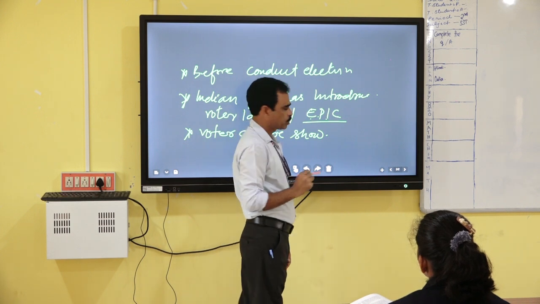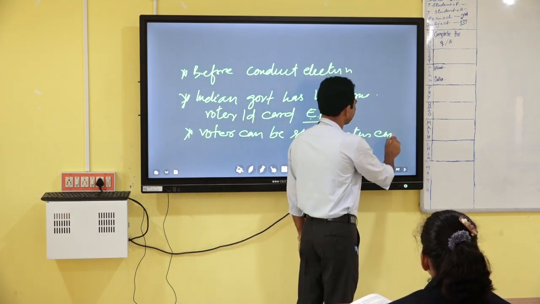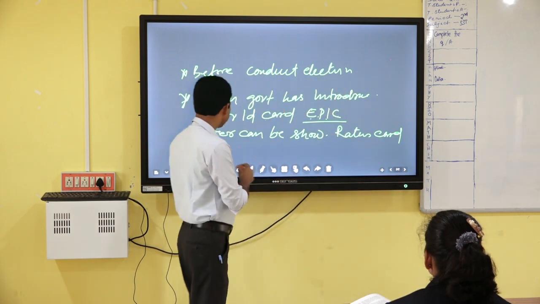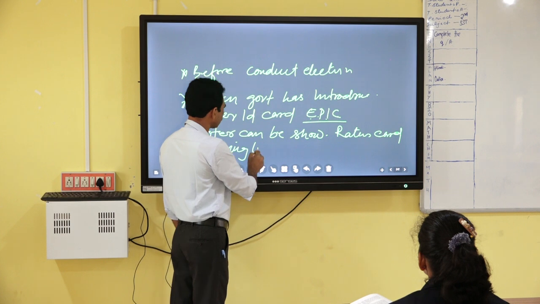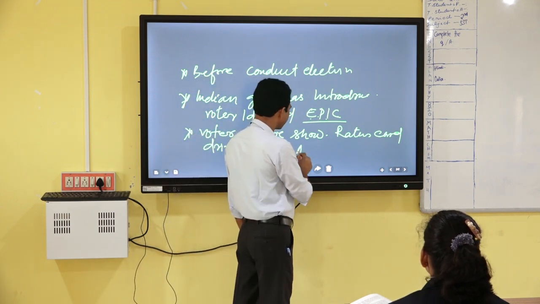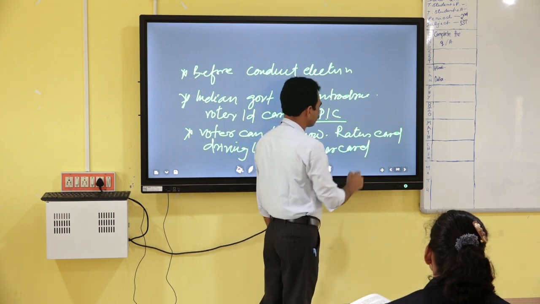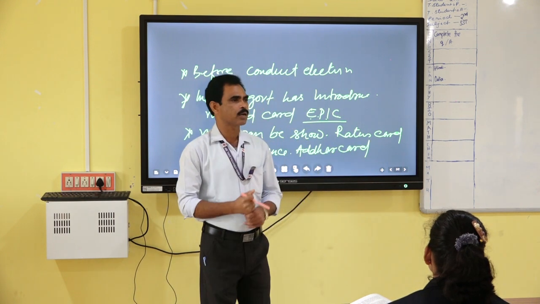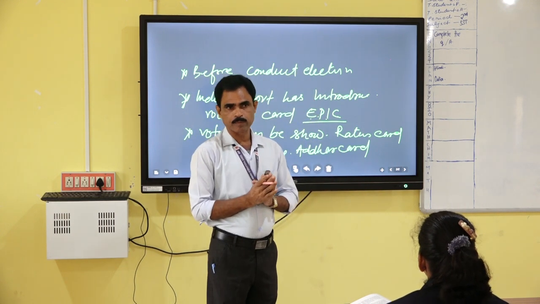Any proof, that is a ration card, they may show. Next, a driving license. Next, an Aadhaar card. They can show these if they do not have their election photo identity card.